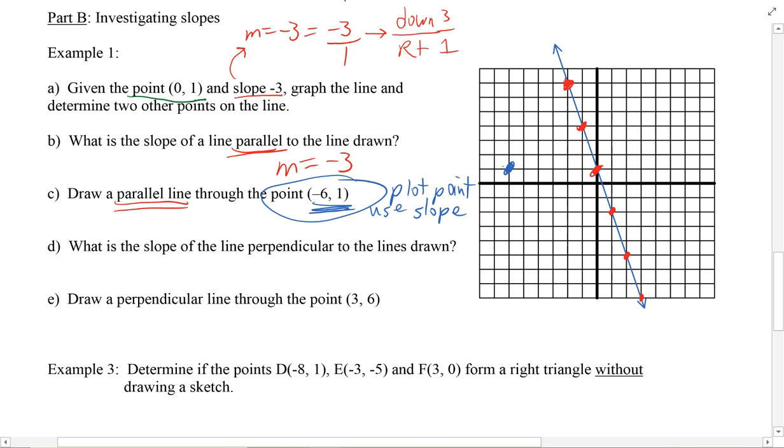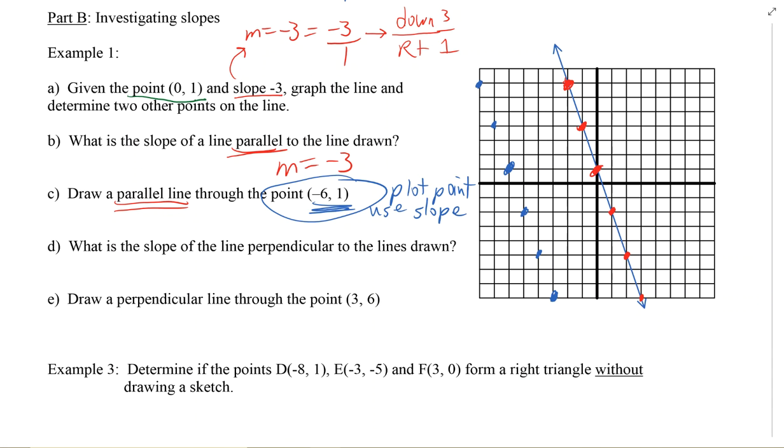So again, down 3, right 1. Down 3, right 1. Okay. Up 3, left 1. Up 3, left 1.